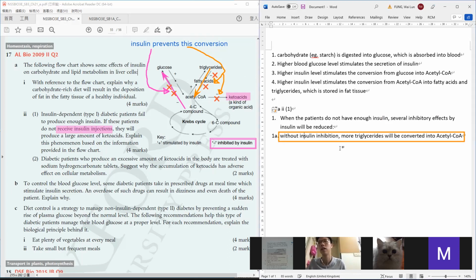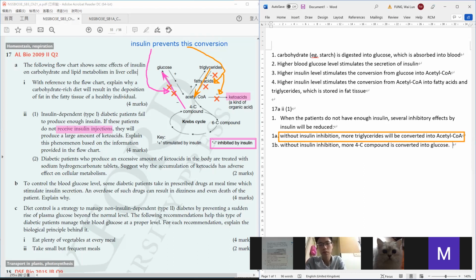Another effect, 1B. Another effect is that without insulin inhibition, more 4-carbon compound is converted into glucose.